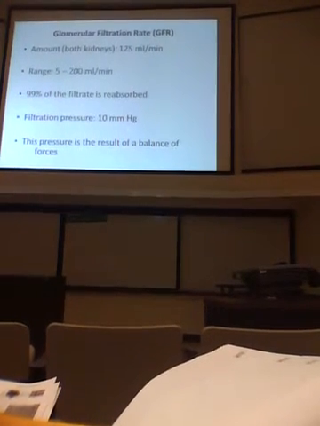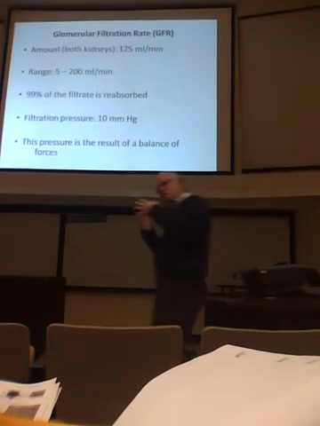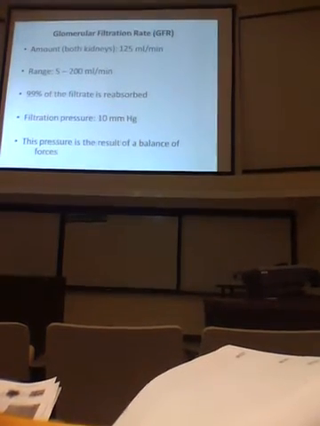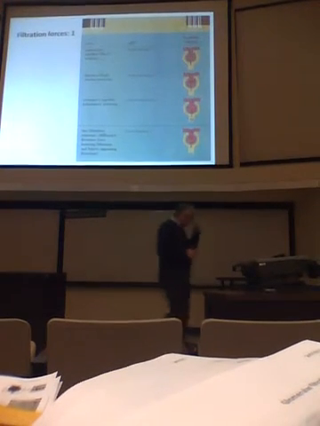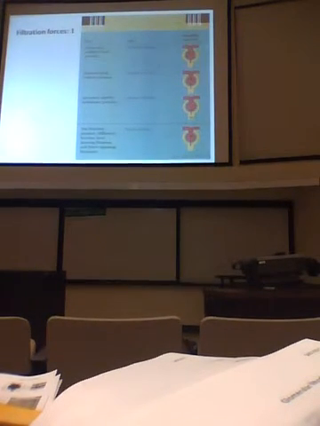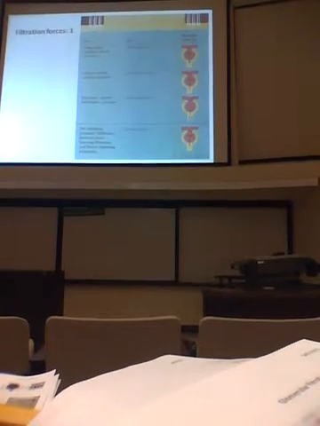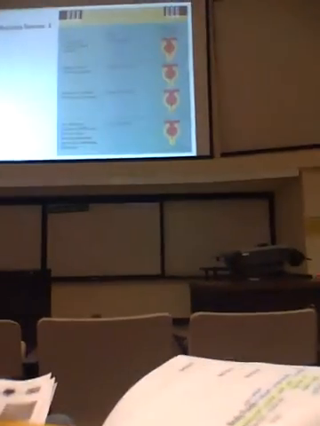We're going to look at that right now, because this pressure is a result of a balance of forces within the capillary, within the Bowman space. So look, I've got a couple of pictures here which show exactly the same thing. Here's the concept. Here are our capillaries in the glomerulus, in the Bowman's capsule.